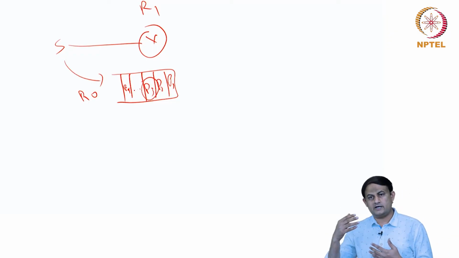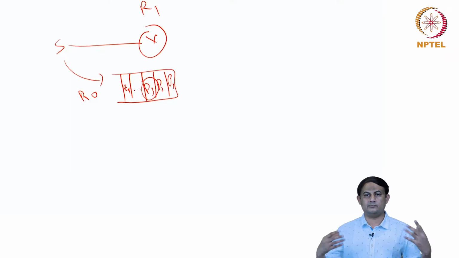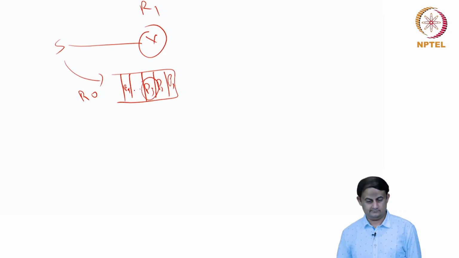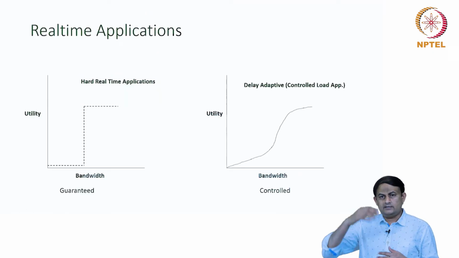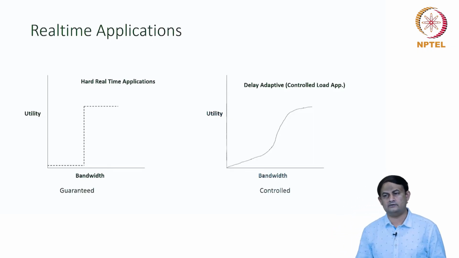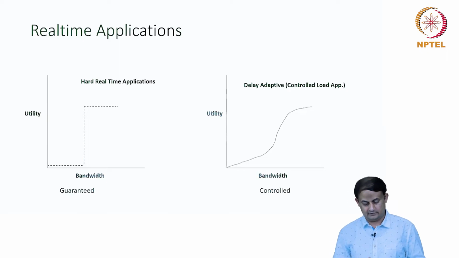So these are the three strategies. Either you do the policing, or you do the buffer management, or you do the scheduler, or you can do all of these three together to meet the quality of service requirements from the applications. So I said that some of the applications really cannot tolerate delay and losses, while some other applications can live with delay and losses and other manipulations that happen in the network.